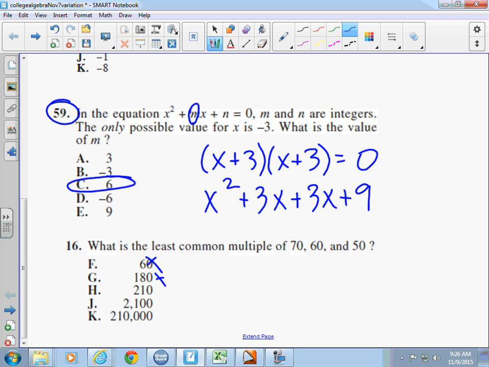Does 50 go into 210? Try it. Do 210 divided by 50. Okay, 2100. Yes. All three? Yes. I remember I want the least one, so that's where I'm going to stop.